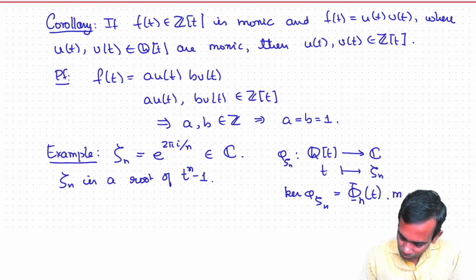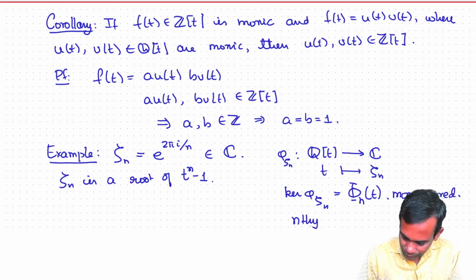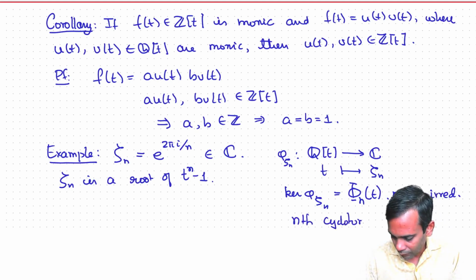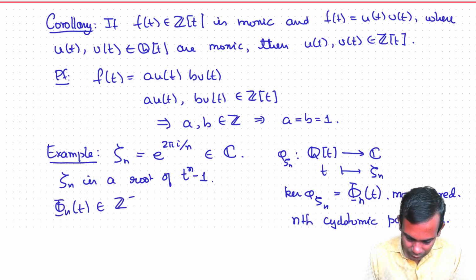So let's say this is monic and it is irreducible. This is called the nth cyclotomic polynomial. So now Φ_n is a factor of t^n − 1. t^n − 1 is a primitive monic polynomial, and so what we have is Φ_n(t) is a polynomial with integer coefficients.